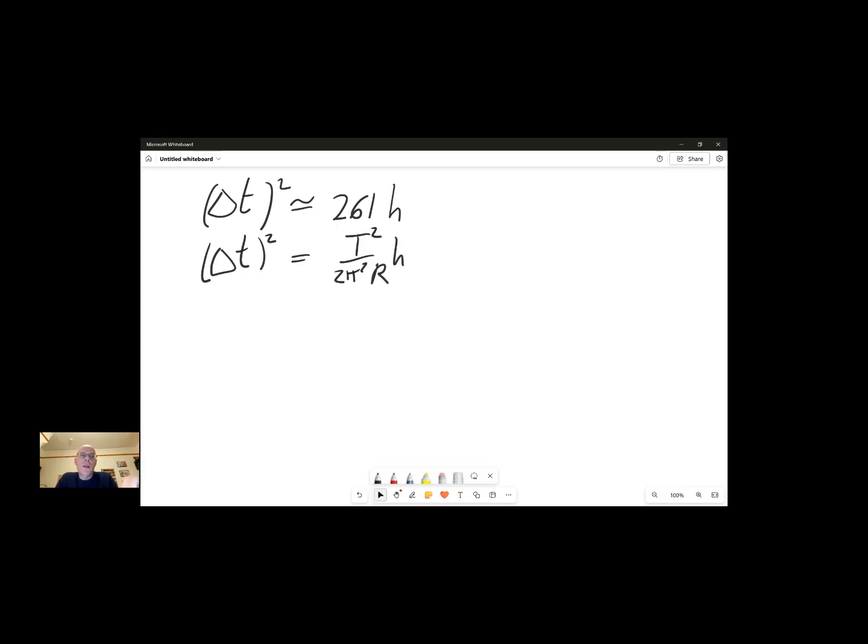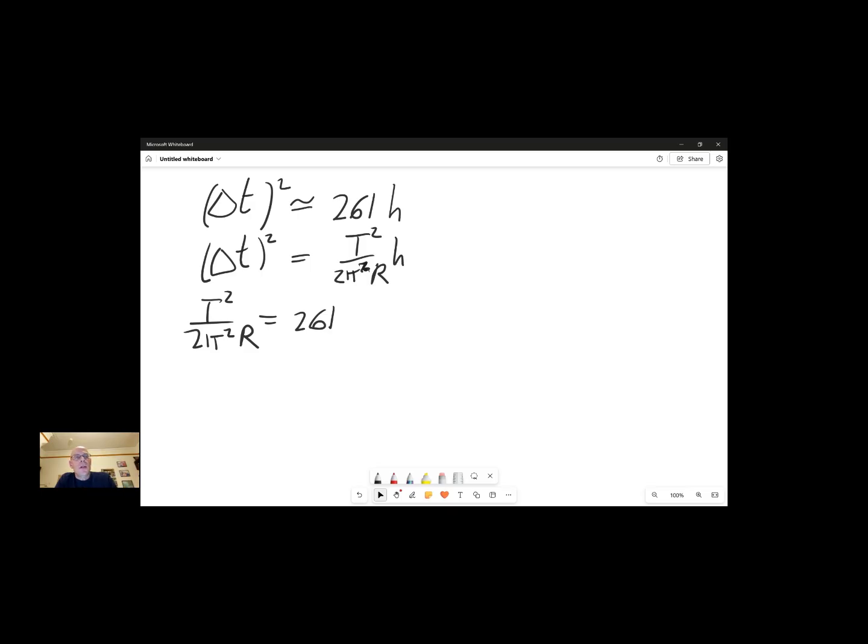So now we can equate the two and get an estimate for r. So what we see is that T squared over 2 pi squared r is 261.